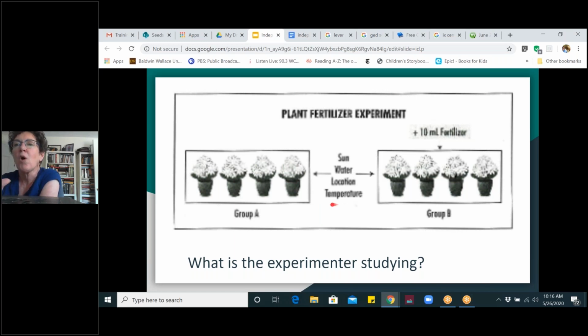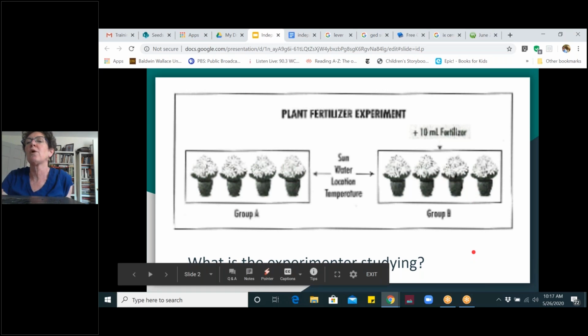So we're going to keep them all the same so that only this one thing has changed, the fertilizer. We say we are going to control for these factors, meaning we're going to keep all this the same. Okay, so those are the control variables.